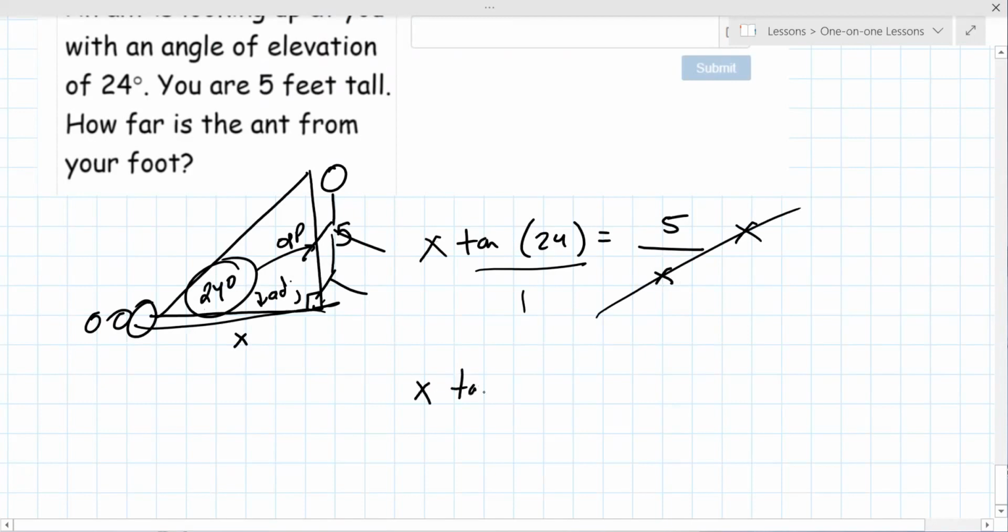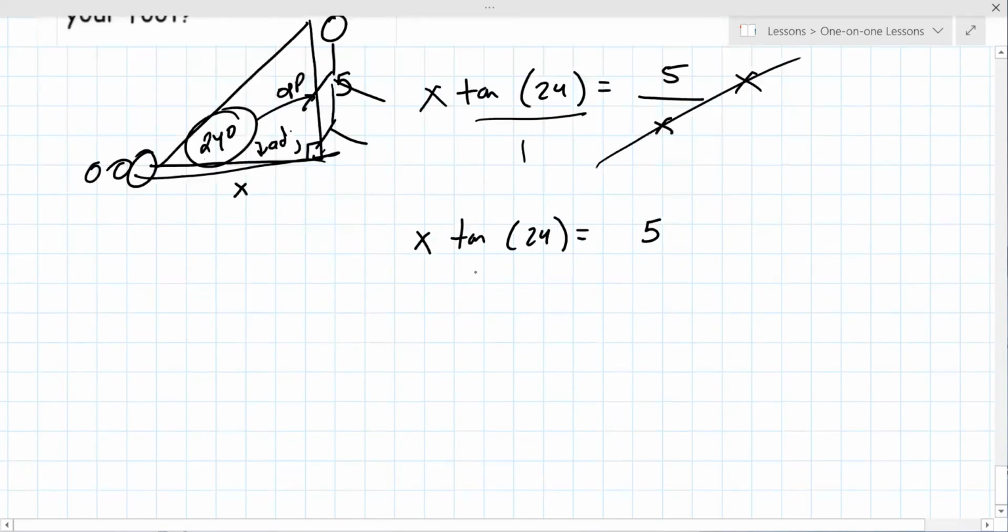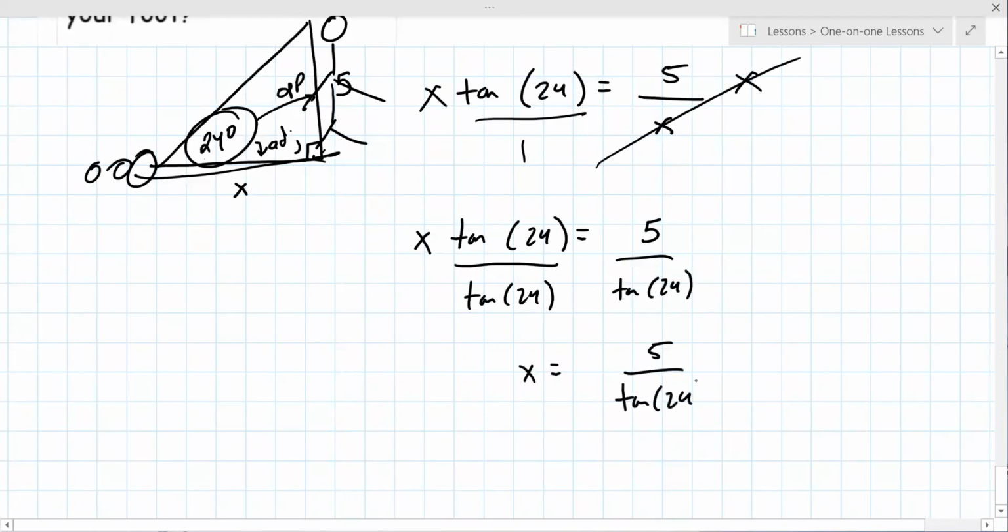So x tangent 24 equals 5. Tangent 24 is a number, so you divide both sides by tangent 24. X equals 5 over tangent 24. So we get 11.23.